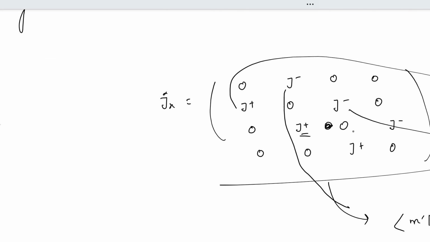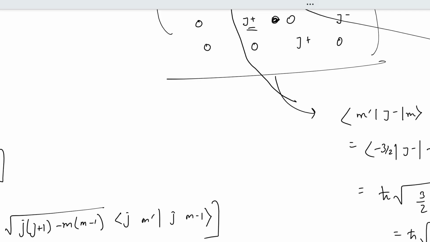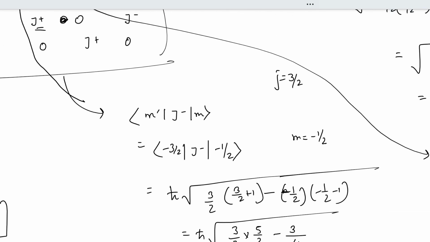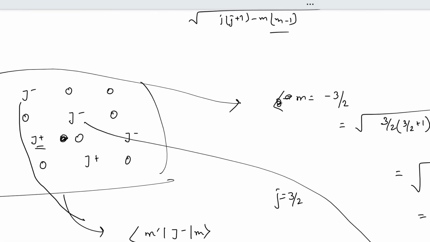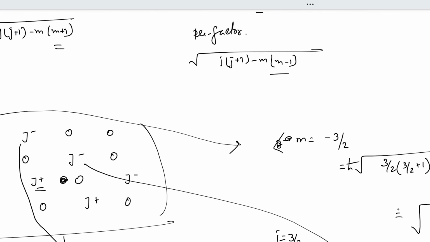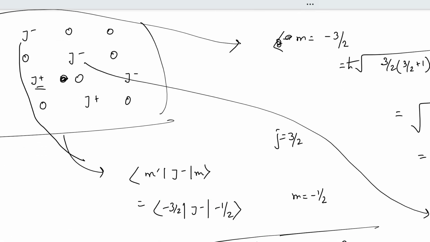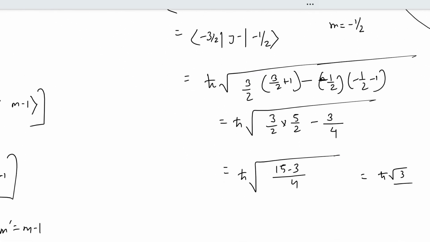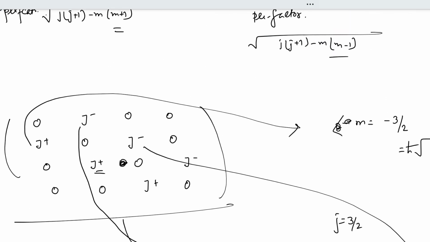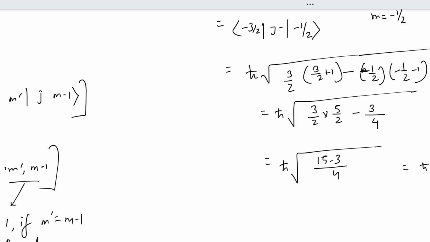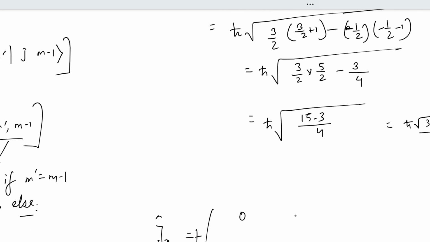Like here you got j minus operating, you have root over 3, and remember with all the terms you have h cut, because h cut is present with the prefactor, so do not miss out on h cut. So h cut is present everywhere, so you can take h cut as common, right? Then this is 0, this is giving you root over of 3, so 0 root over 3 0 0.